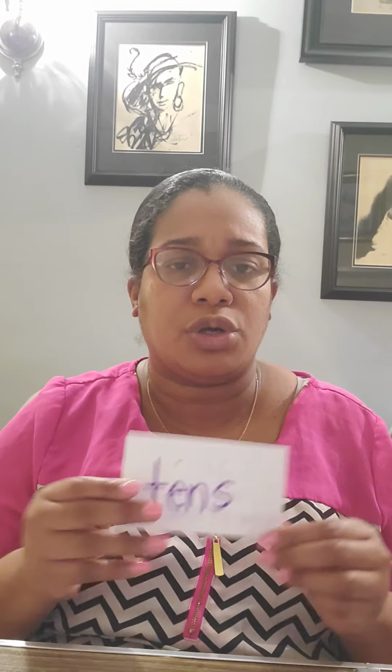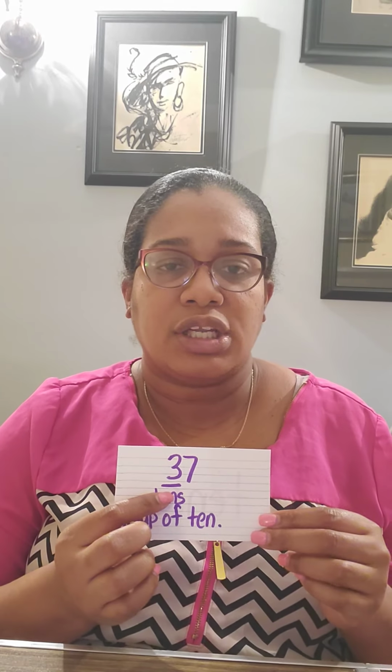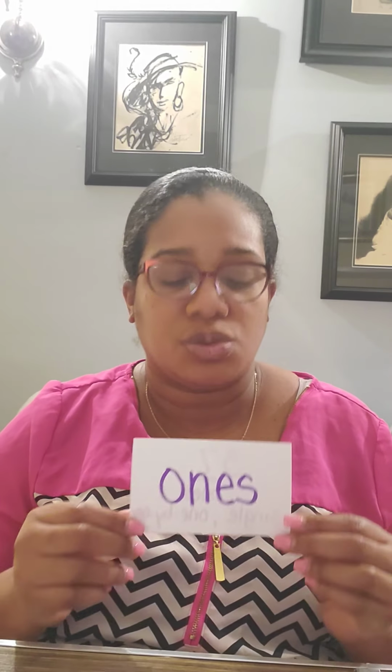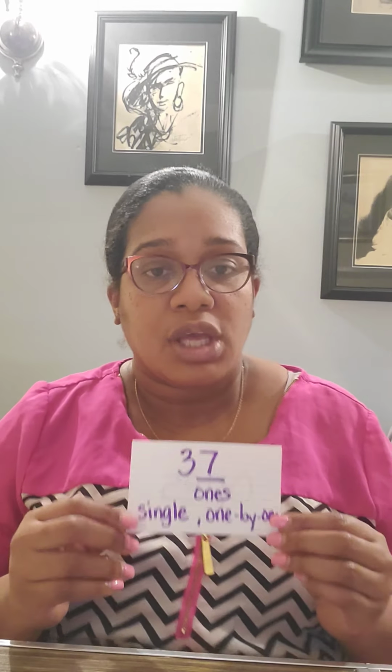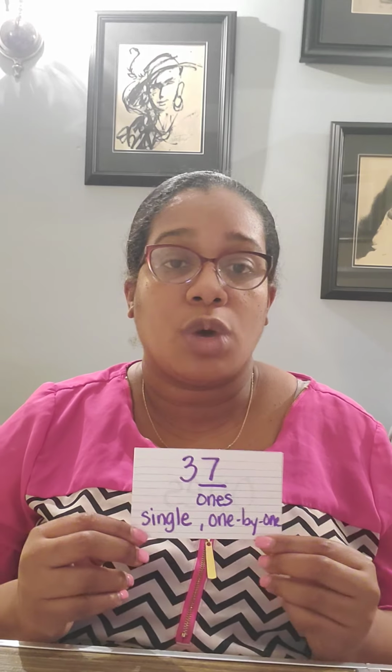The next vocabulary word is tens. It's the second number to the left. And remember, it's groups of 10. And the last vocabulary word we have for today is ones. It's the last number in the number. It's single, and you're counting it one by one.